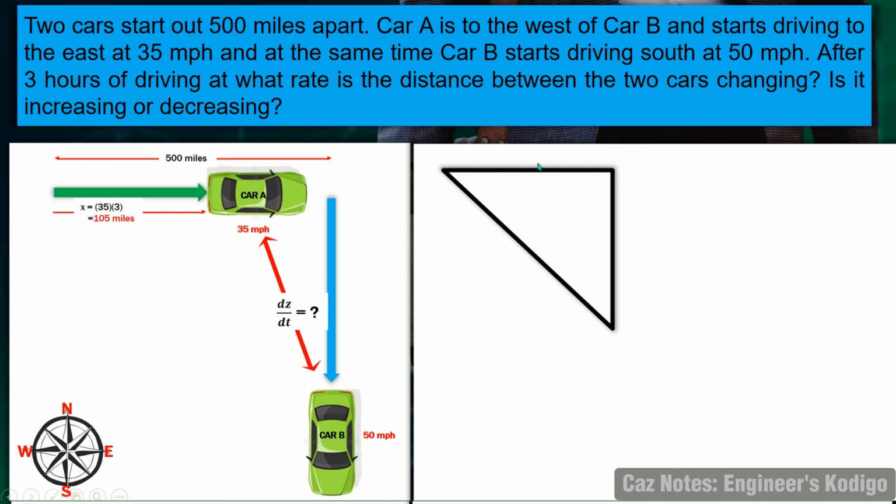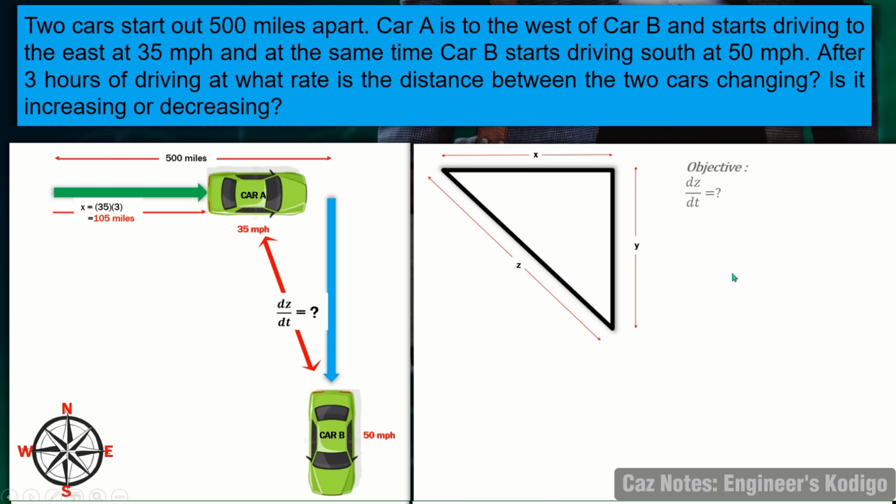Let's set this side of the triangle as the distance traveled by car A, and let us represent that as x. This side of the triangle corresponds to the distance traveled by car B, and let us represent that as y. And the distance between car A and car B, we represent as z.